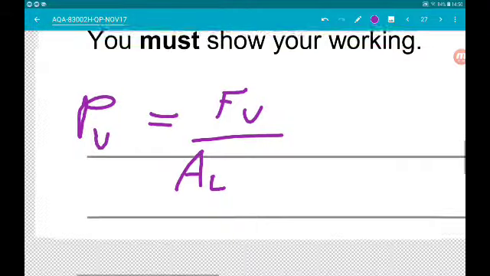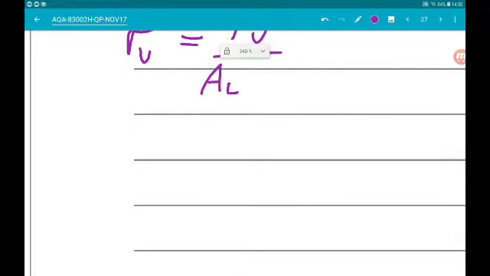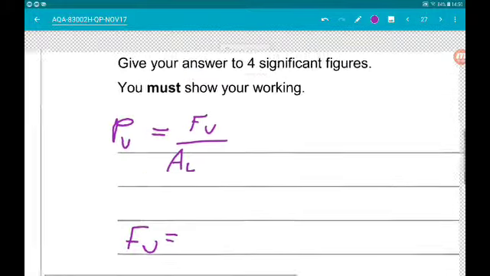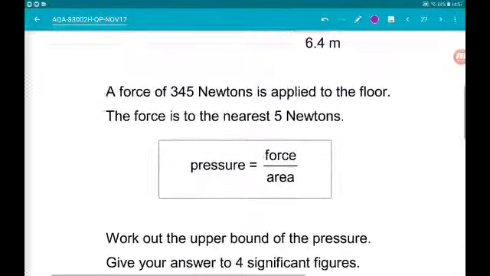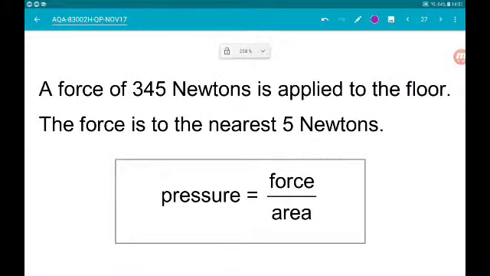So, our upper bound of our force is going to be, well, it's 345 newtons to the nearest 5. So the upper bound of that is going to be 347.5.